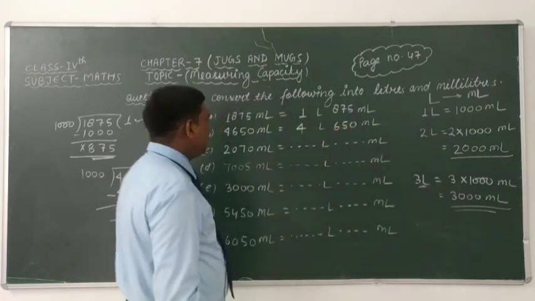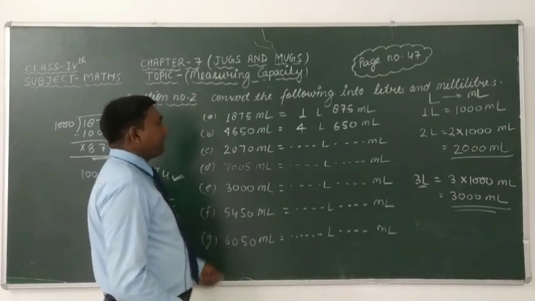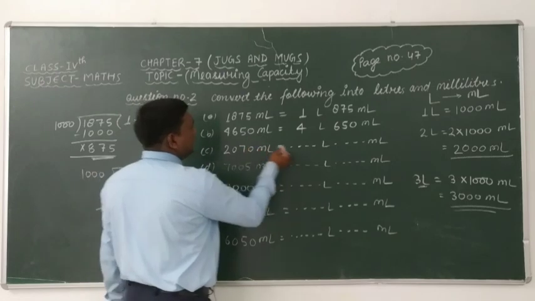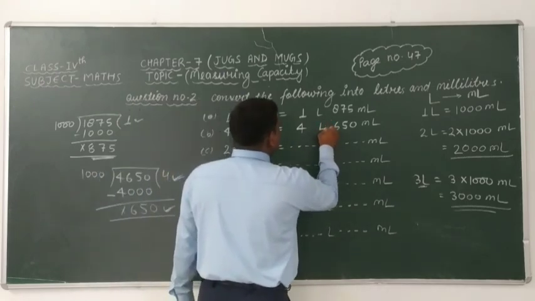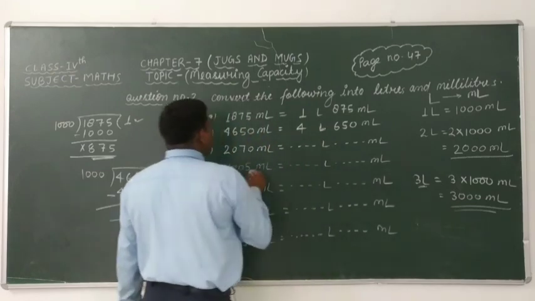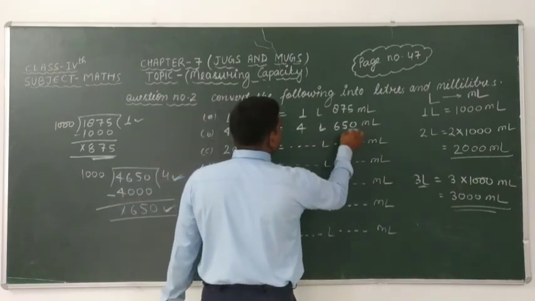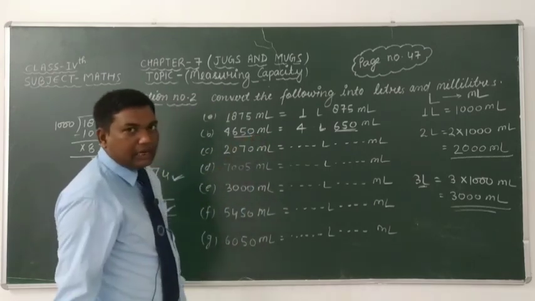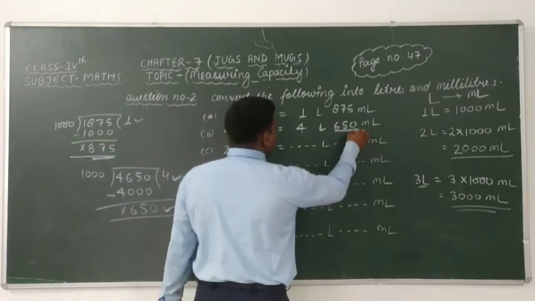Okay, students. Similarly, we can solve all given questions. Okay, look at here carefully, students, in short form. Look here given that 650 and here given that 650. It means the last 3 digit number.